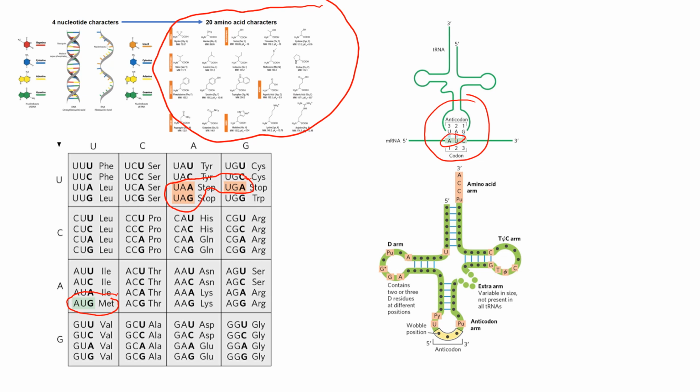For example, hypoxanthine can bind a G, U, or A in the 3rd position, meaning that while the first 2 bonds are very strong, the last bond kind of wobbles. It's never really completely stable, meaning that it's a little less selective, and that's why some amino acids can have multiple sequences, because the 3rd base pair doesn't totally matter for some of them. Just something to keep in mind.